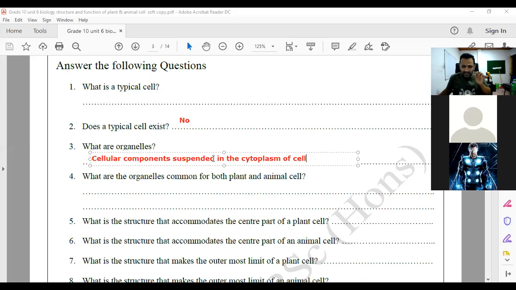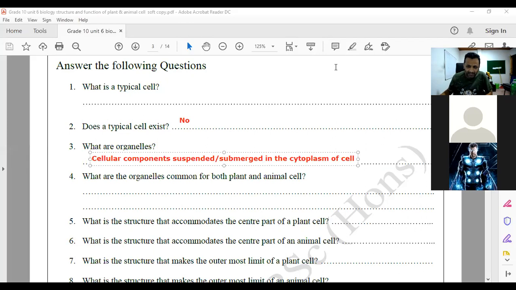They can use the word suspended or they can use the word submerged. Cellular components suspended or submerged in the cytoplasm of cell. Are you clear?